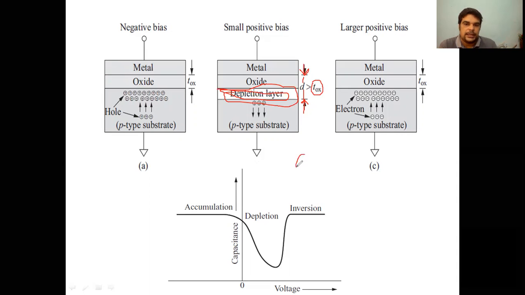So we know that the capacitance is inversely proportional to the distance between plates, or you can say the width of dielectric. So if the width is increasing, capacitance will decrease.